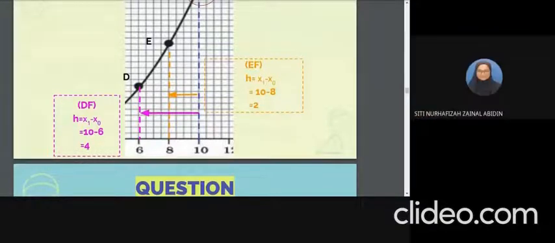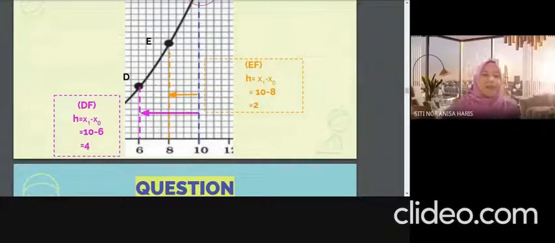Because the h is smaller. Yes, excellent, because it has the smallest value of h. So that is the meaning of the limit approaches to zero, because in the calculation of average rate of change, we are considering the nearest secant of the slope to the particular point in order to get the value.